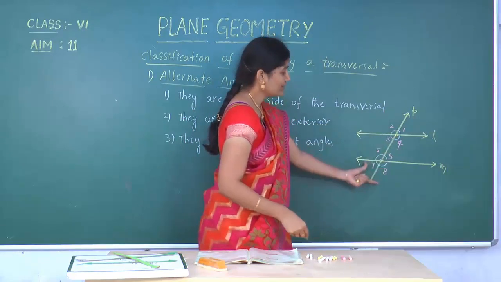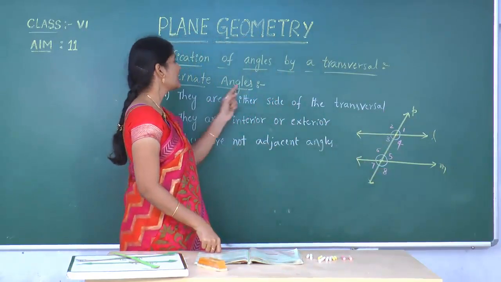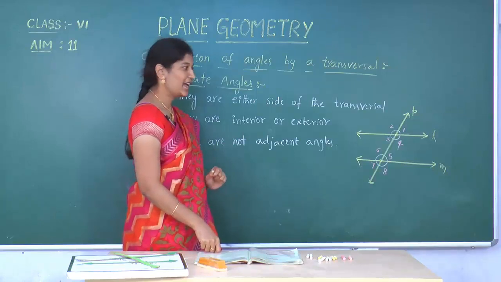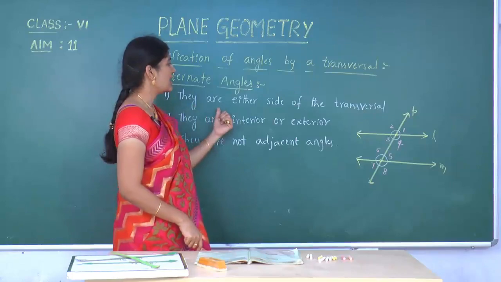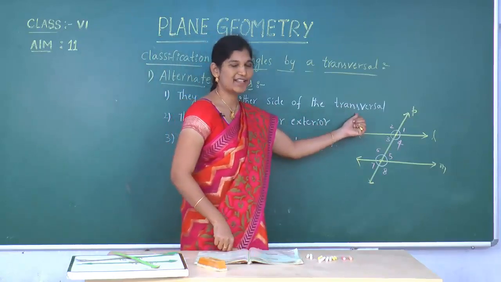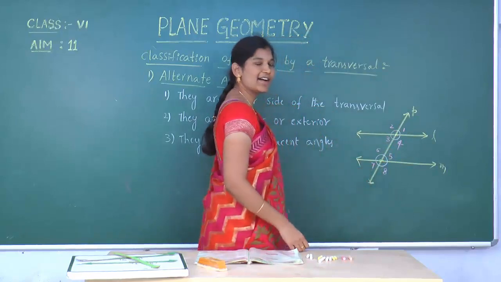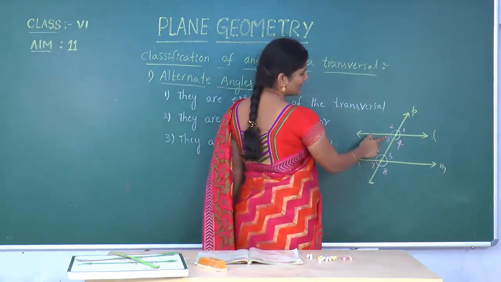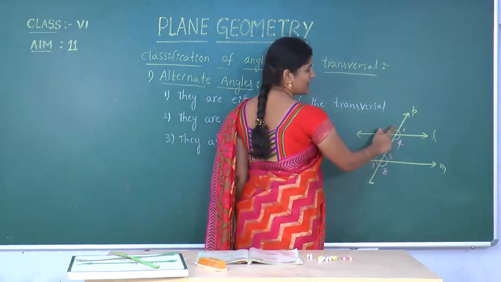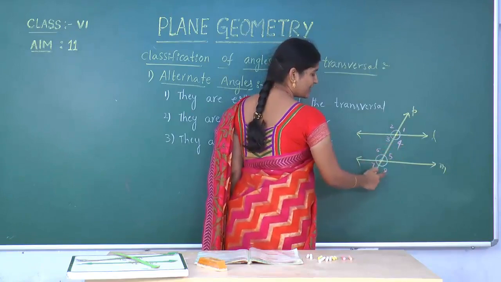Among them, which angles are called alternate angles? Let me categorize. First condition is they are either side of the transversal, and this is the transversal. Which angles are lying on either side of the transversal? See here, 2, 1 either side, 3, 4, 6, 5, 7, 8.